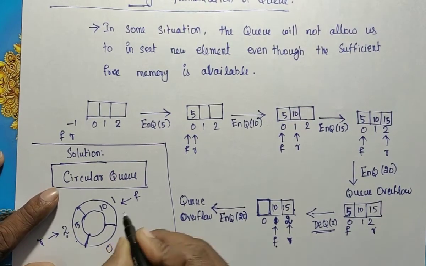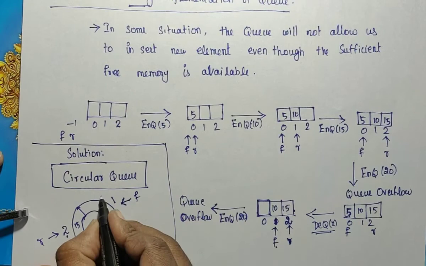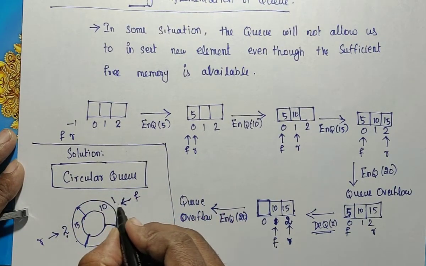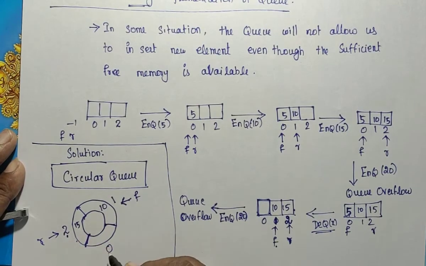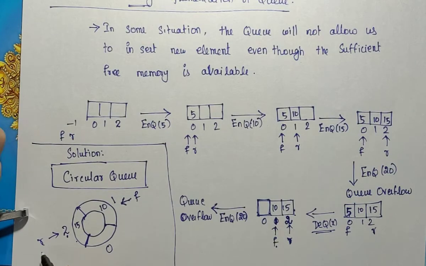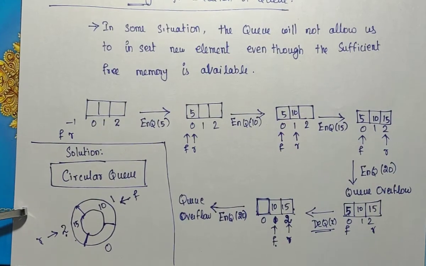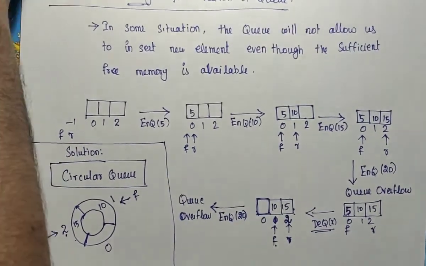So the rear and the front will always rotate in a circular way: 0, 1, 2, then back to 0, again 0, 1, 2. When we increment the rear, it needs to move in this circular way. For that, all these algorithms need to be changed.